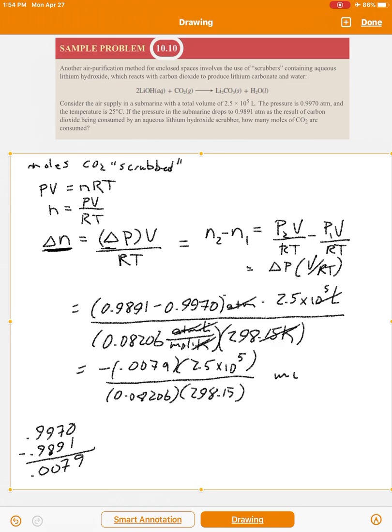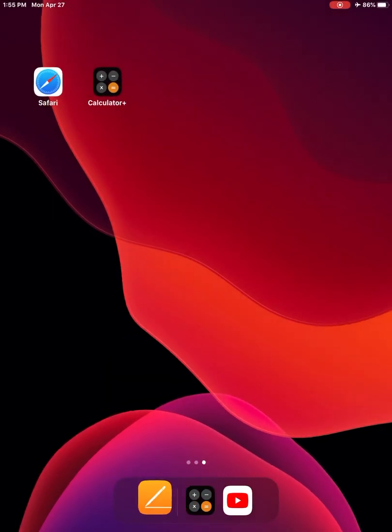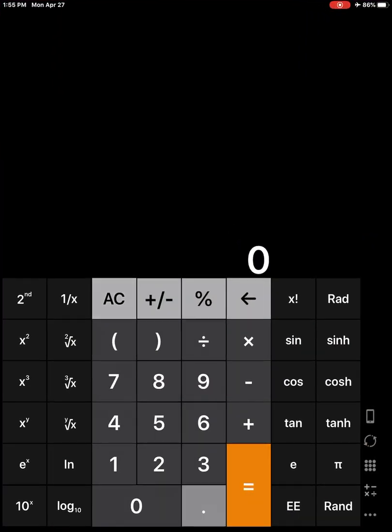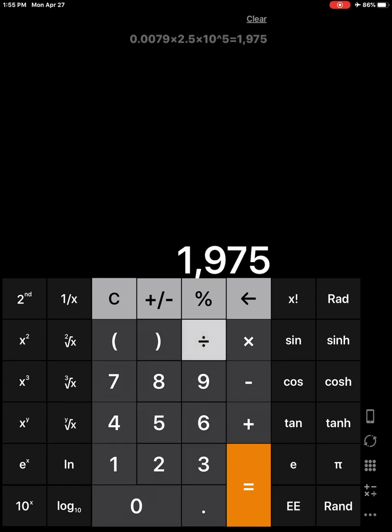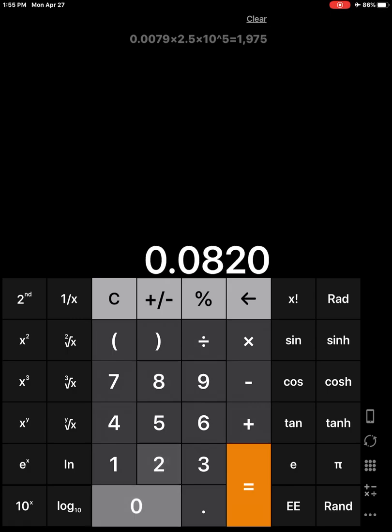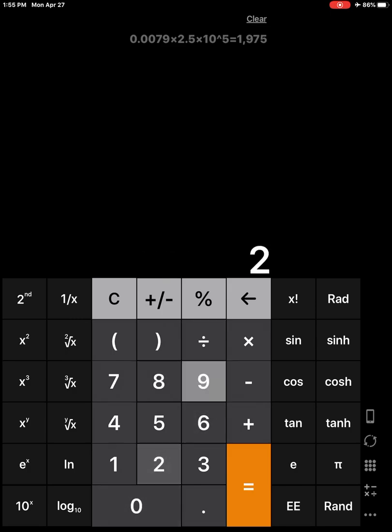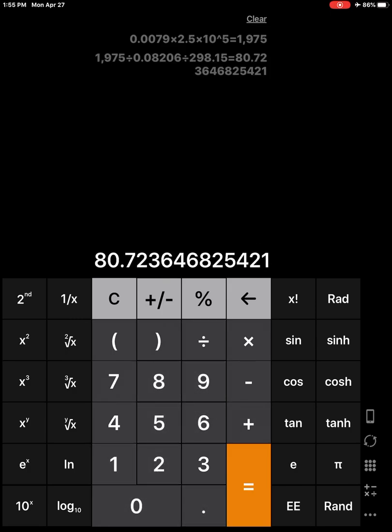And then this is going to be in moles. We already figured it out in the previous step that that's moles, okay? So 0.0079, 2.5 times 10 to the 5, and then divided by RT. So 0.0079 times 2.5 times 10 to the 5 divided by 0.08206 divided by 298.15, and it looks like it's about 80.7 moles.